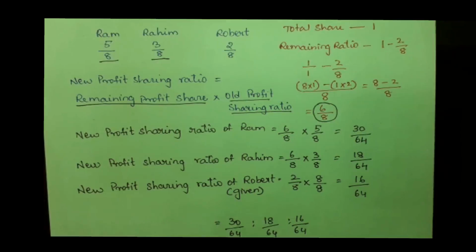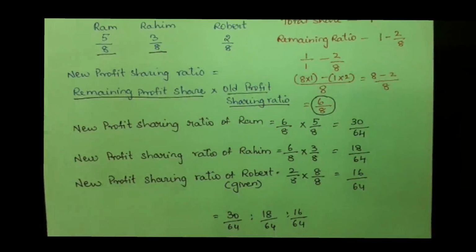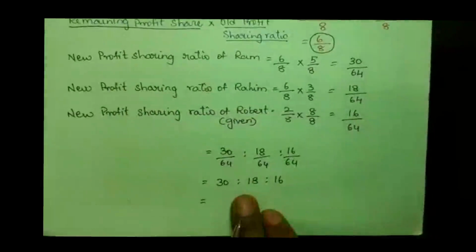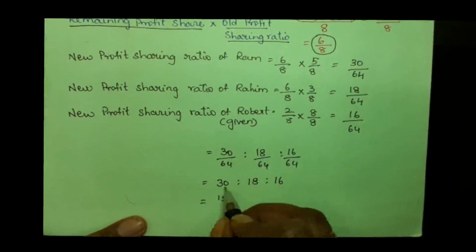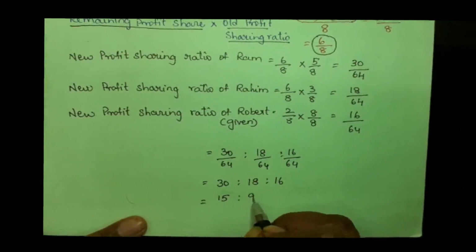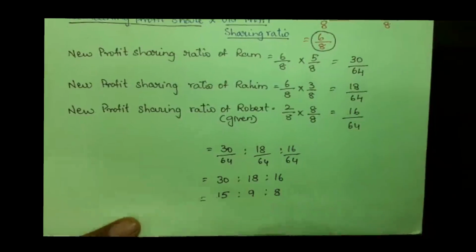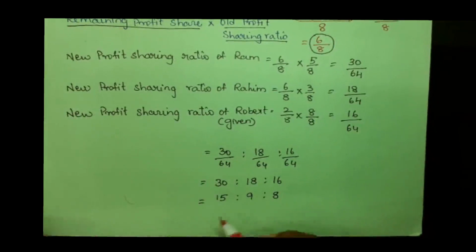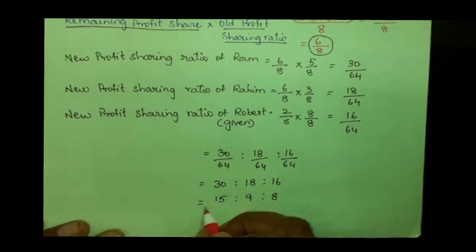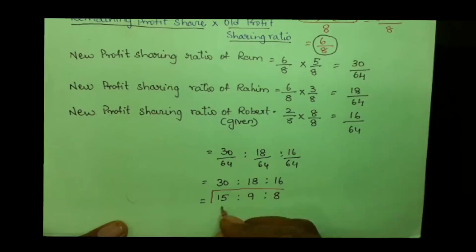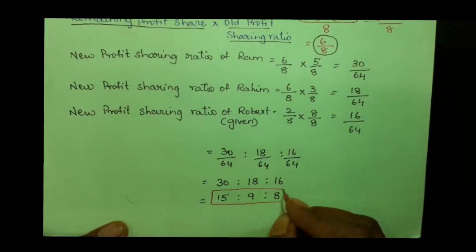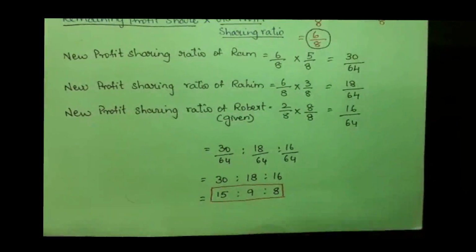If we reduce the values, we can write it as 15 is to 9 is to 8. So the new profit sharing ratio of Ram, Rahim and Robert is 15 is to 9 is to 8.